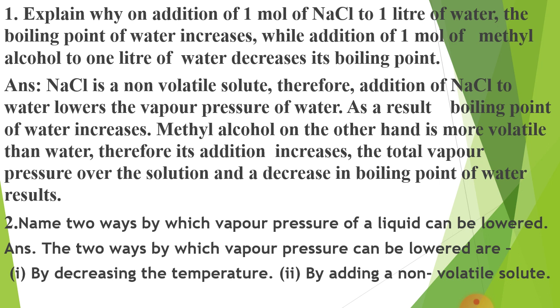Question second: name two ways by which vapor pressure of a liquid can be lowered. So again see the answer. The two ways by which vapor pressure can be lowered are: first, by decreasing the temperature, as you know that temperature is directly proportional to vapor pressure.